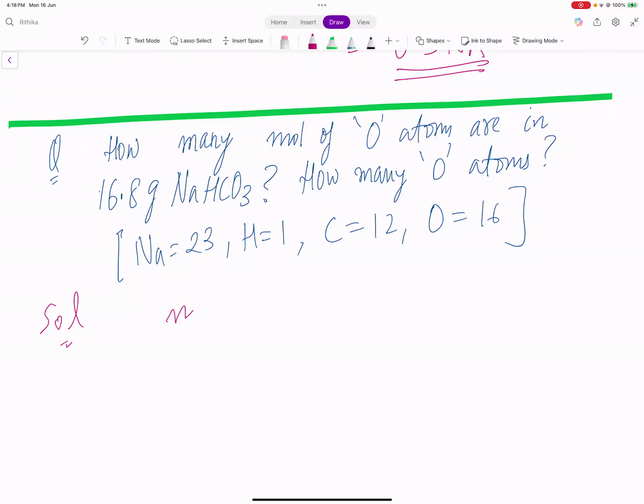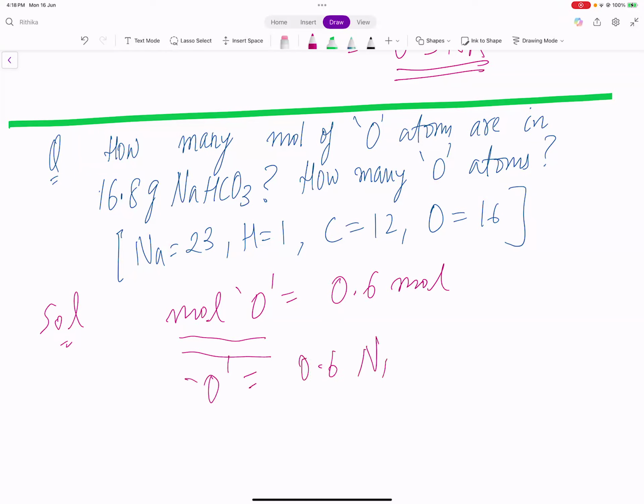So mole O is equal to 0.2 into 3, 0.6. I'm just directly writing, and the number of O atoms is equal to 0.6 Na.